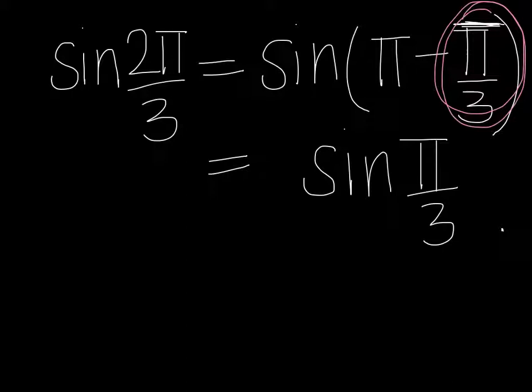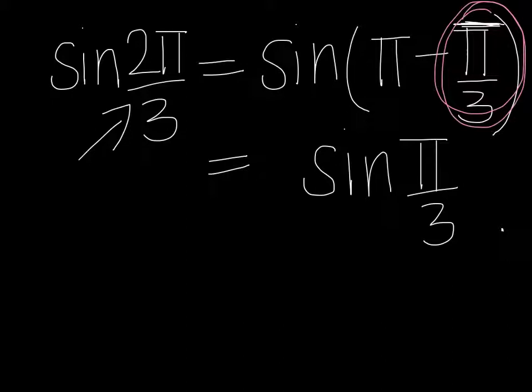Now we know that sine is positive in the 2nd quadrant, which is where 2 pi on 3 is located. Now that we know that, we're then going to work out, using our exact value triangles, what our answer is going to be.